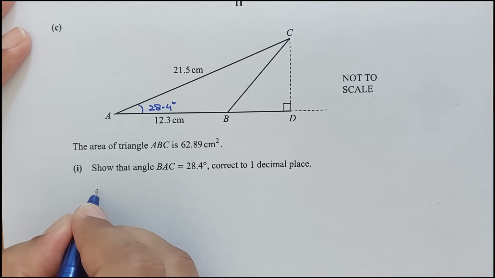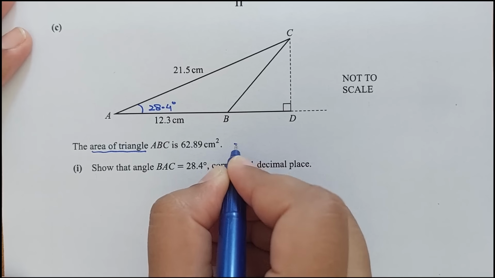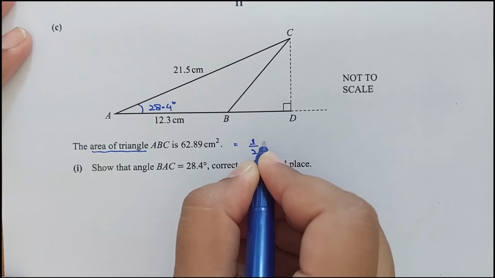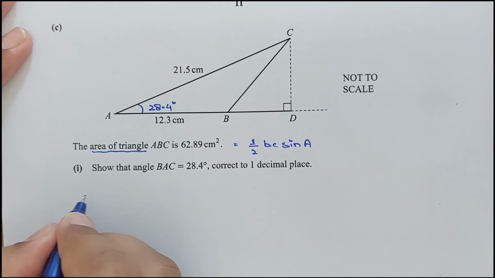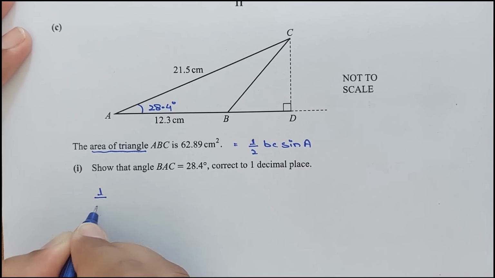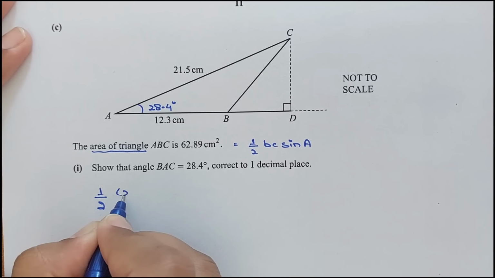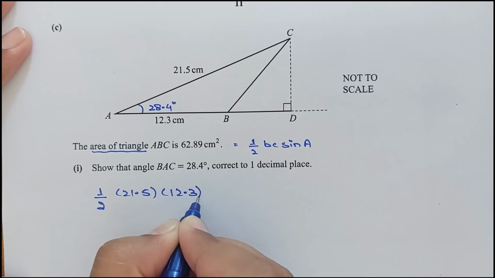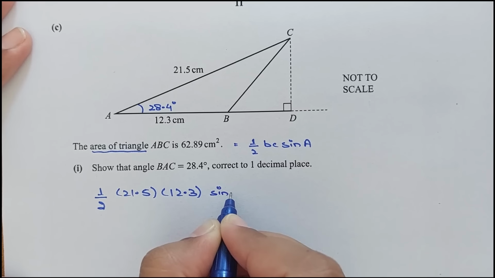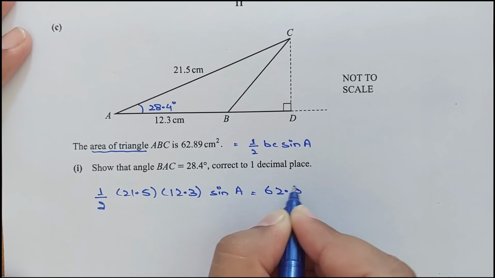So the area is given, and the formula for the area of a triangle is half BC sine A. Right, so the area of a triangle is half the two sides AB and AC, which are 21.5 and 12.3, times sine of angle A, and this equals 62.89.